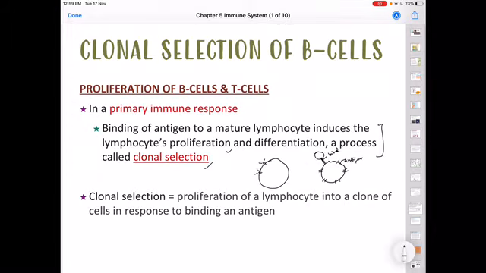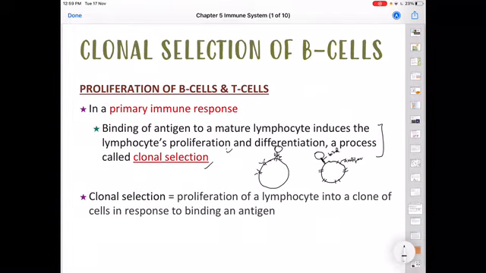Dia ada antigen dekat dia punya plasma membrane. So bila antigen bind to the lymphocyte, the binding ni akan memulakan proses multiplication of lymphocyte.